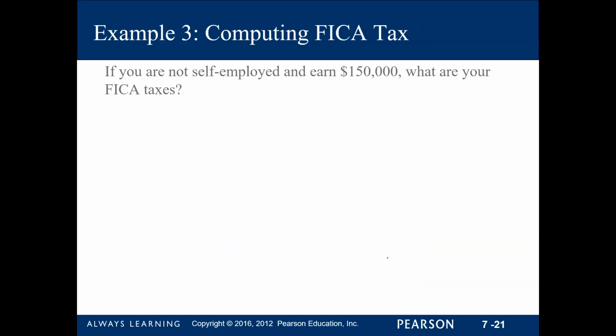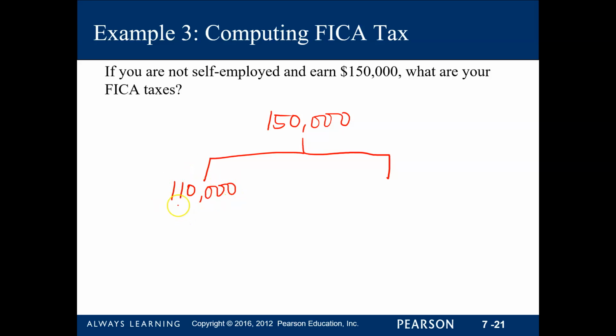So let's have an example here. Let's say you are not self-employed and you are earning $150,000. How much will be your FICA taxes? We're going to split the 150,000 into two, but not equally. Remember, with the FICA taxes, our reference salary is 110,000.